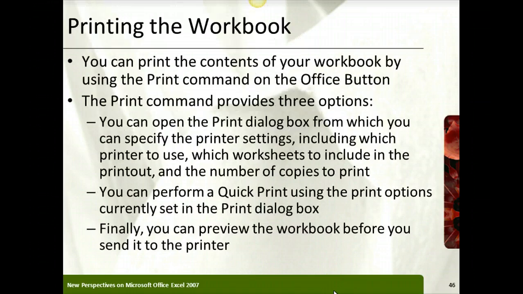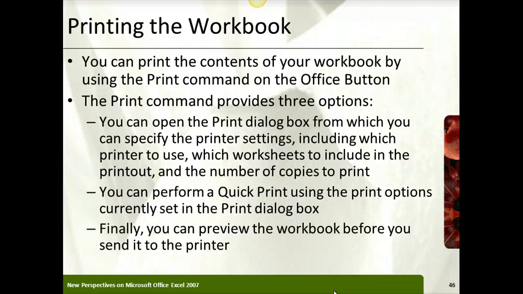Printing a workbook. Today, most offices do rely upon email to send electronically, but there are three ways to print a workbook. You can print by going to the Print dialog box, where you specify the printer, the settings, and how many copies you want to print. You can also do a quick print using print options already in the dialog.